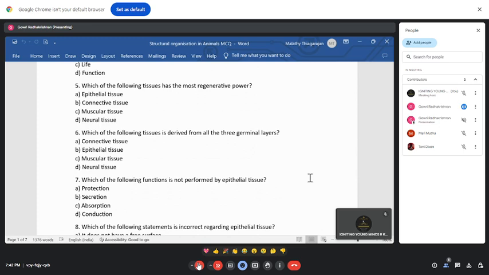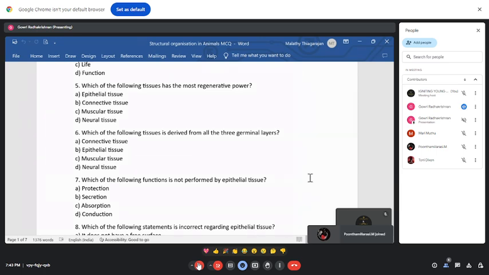See, actually, you have 4 types of tissues: epithelial, connective, muscular, and neural. Cardiac is also there. Epithelial tissue, you know where all it is present. It comes as a covering or lining of some ducts or blood vessels, and in the lining or covering of the skin.